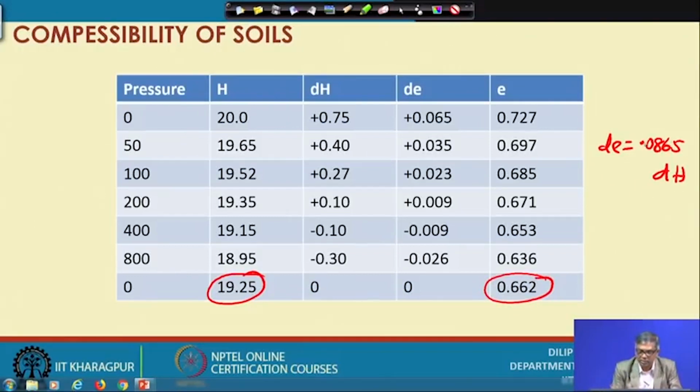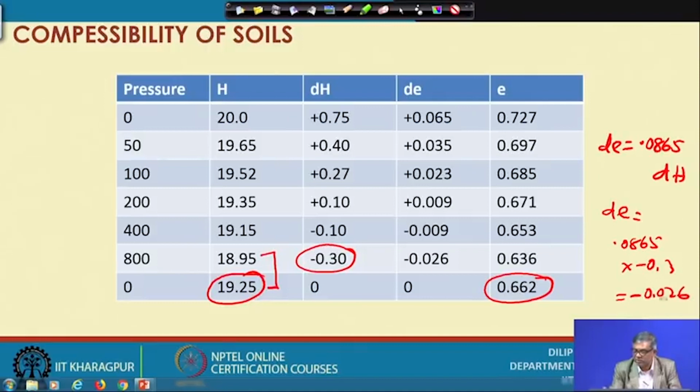Now, for this I will do this minus this. This thickness minus this thickness, you can see it is minus 0.3. So, dH is minus 0.3, and dE will be equal to 0.0865 multiplied by minus 0.3, and that gives you minus 0.026.